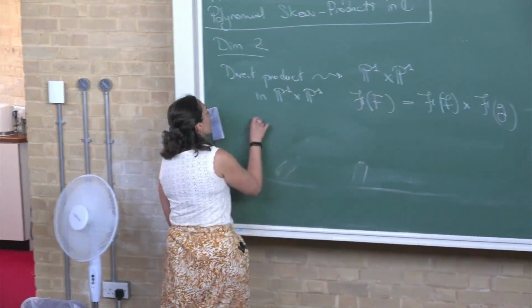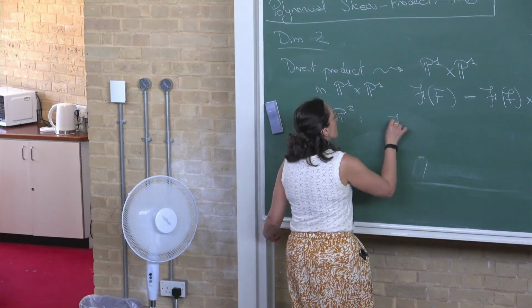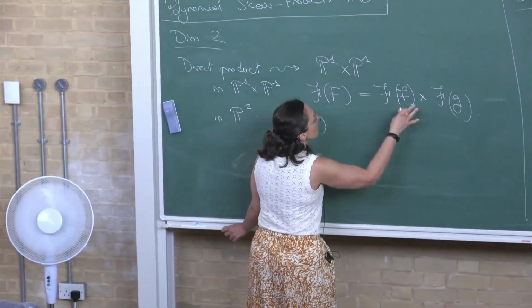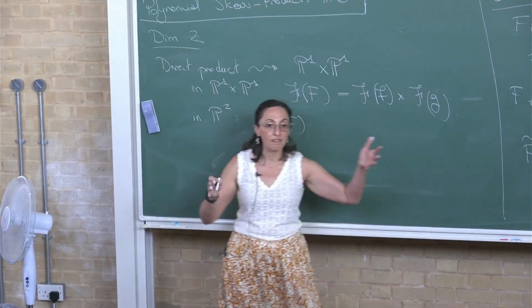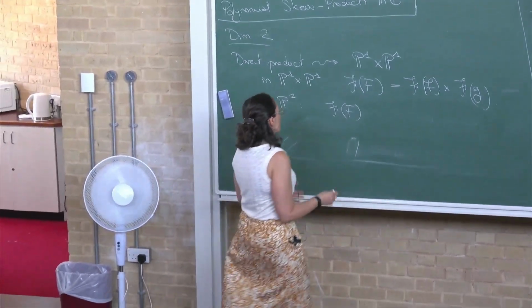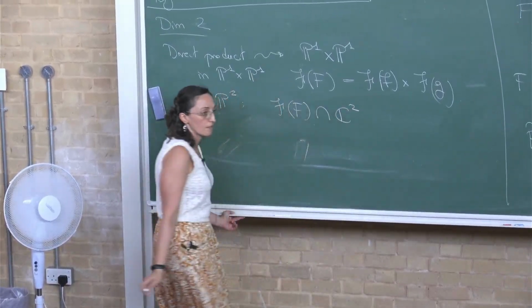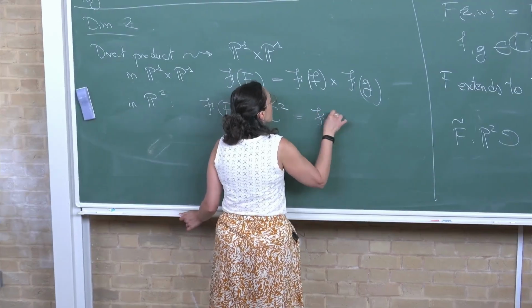And actually, if you consider normality in P2, well, the Fatou set of f will contain more or less this guy. The only problem that you have is when you go to infinity. Okay? So if I write it like this, when I intersect it with C2, this is going to be the Fatou set of f.